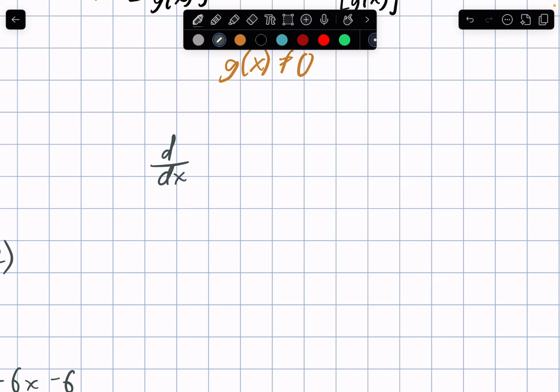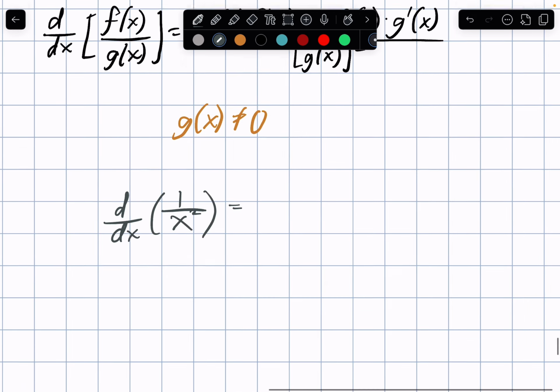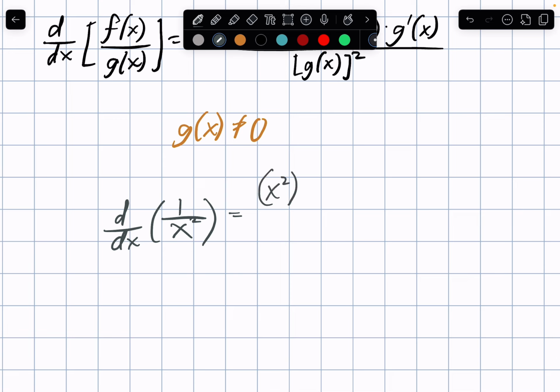Quotient rule. What's an application to it? Let's start with something simple first. So copy the denominator, multiply it by the numerator, which is 1, but you have to find its derivative, so it's 0, because it's a constant.